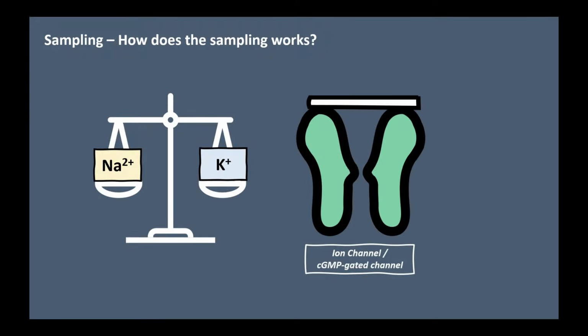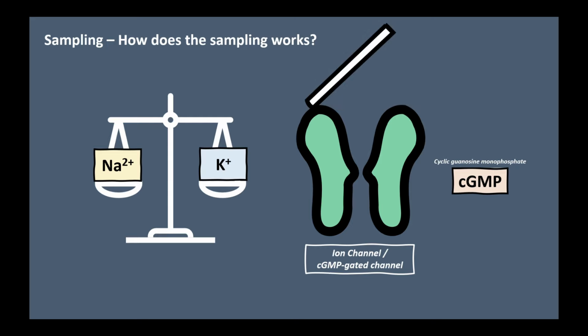In the dark, sodium ions flow into the photoreceptor through non-selective cation channels that are activated by the second messenger cGMP. Absorption of a photon by a pigment protein sets in motion a biochemical cascade that ultimately lowers cGMP concentration, thus closing the cGMP-gated channels and moving the cell closer to the potassium equilibrium potential.